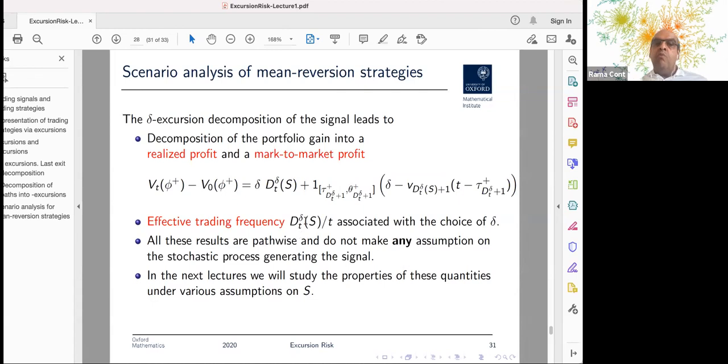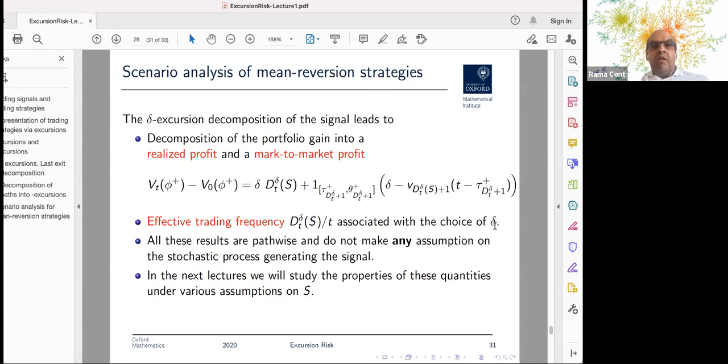We will see this tomorrow: we can analyze in detail the effective trading frequency as a function of delta. This is important because in these strategies the most important choice is how you choose delta. In many cases people choose delta as a multiple of standard deviation, but is that the right choice?